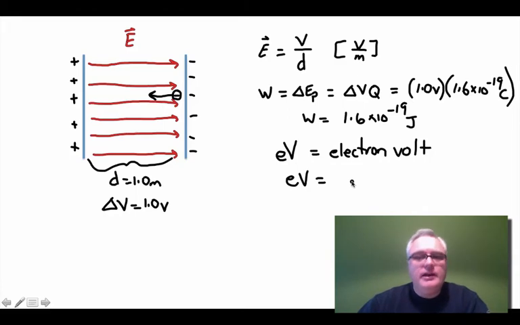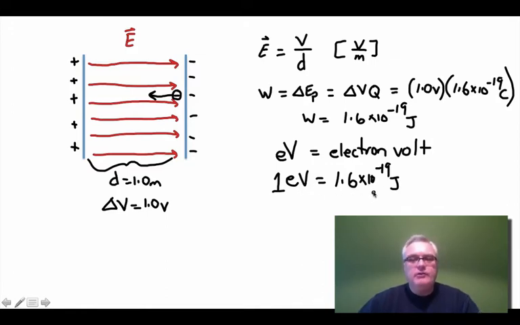So this electron here that we've shown passing through 1 volt of potential difference gains 1 electron volt of energy, and that's equivalent to 1.6 times 10 to the negative 19 joules of energy. Okay, so 1 electron volt is equal to this tiny amount of energy.